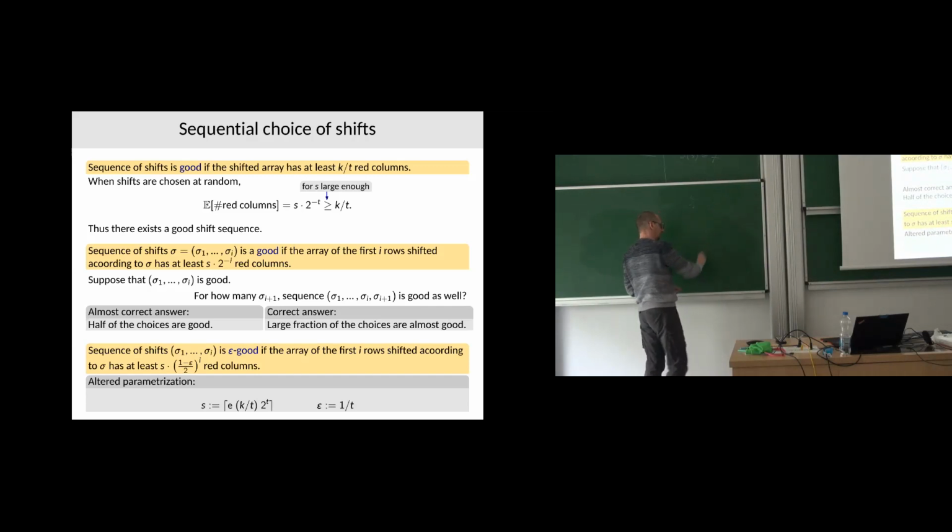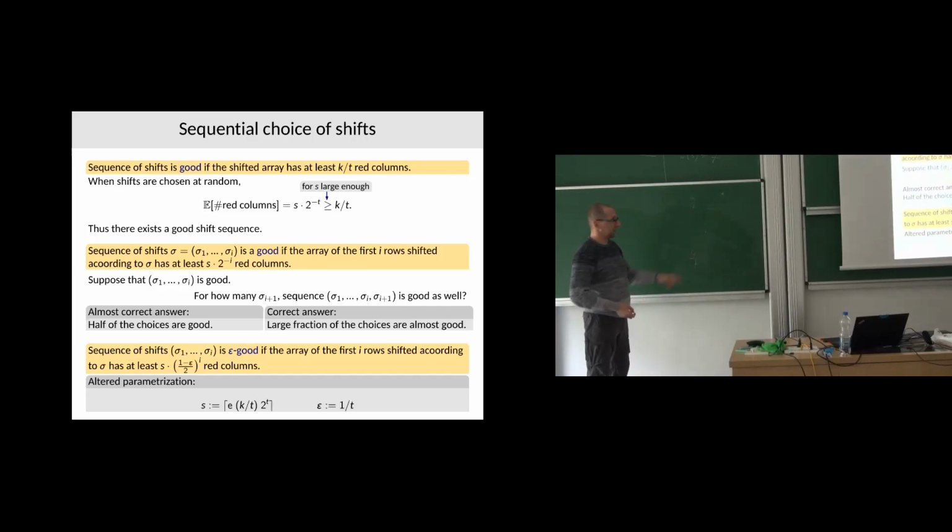So in the end, we have k over t, actually times 2, but I don't want to write the minus 1 everywhere here. We wanted in the end k over t columns, and it's still what we want, but now we lose a little bit more.